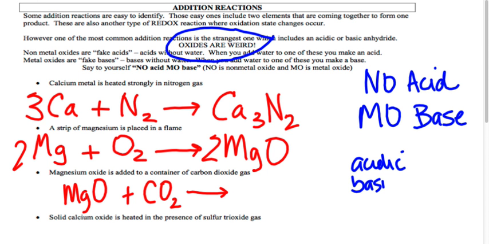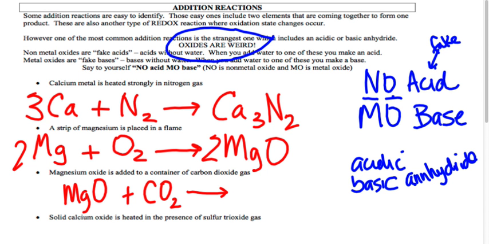Acid or basic, anhydrides. What does it mean to be an anhydride? Without water. So non-metal oxides are really fake acids.